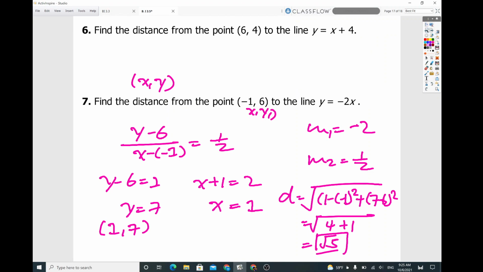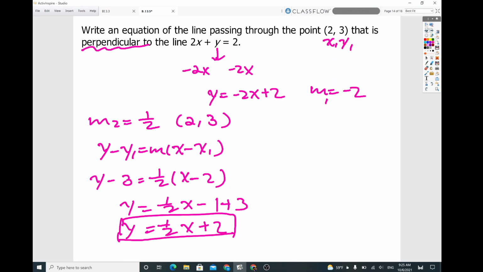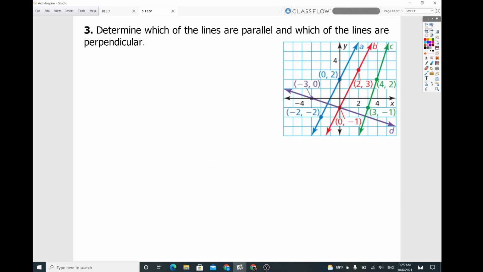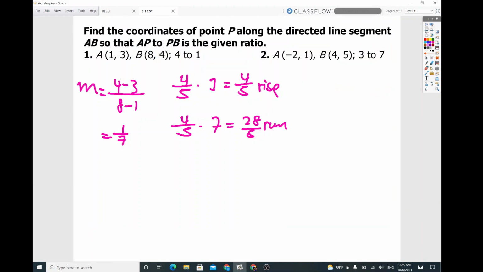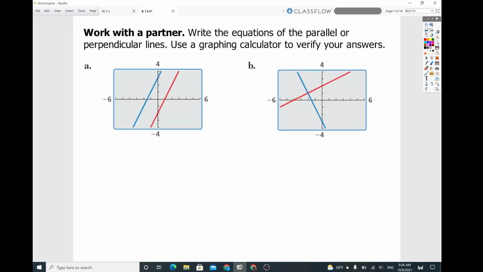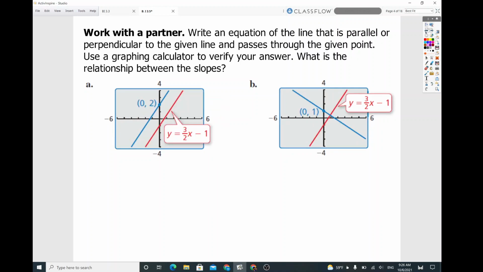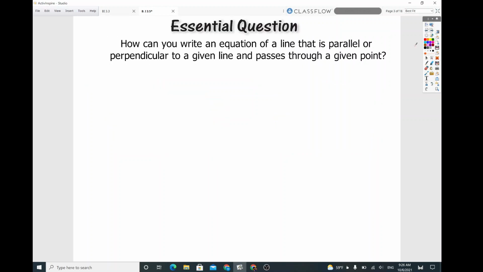So going back to the topic question here. Okay, so going back to the previous pages, all the way back. Essential questions. So how can you write an equation of a line that's parallel or perpendicular? So step 1, guess what you have to do? Find the slope of the given line first.